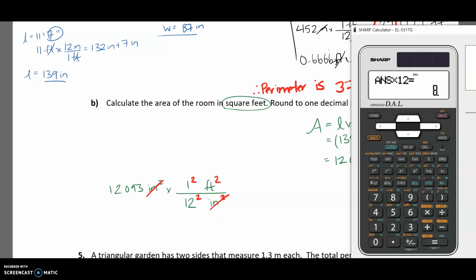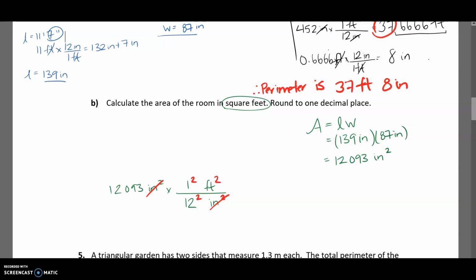So on my calculator, I have 12,093 divided by 12 squared is 83.9791. Rounded to 1 decimal place, I have a 9. When I look to the right, I have a 7, so I'm going to round up. So rounded, this will be 84.0 square feet for the area.